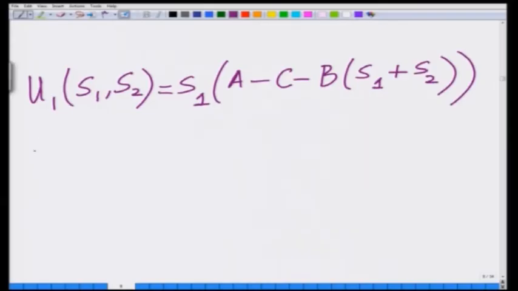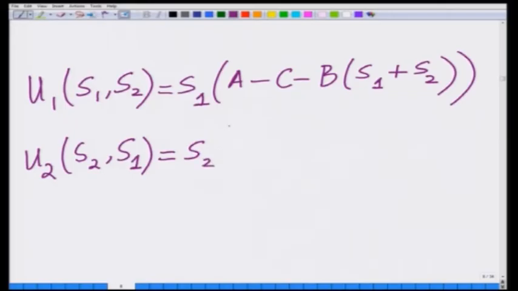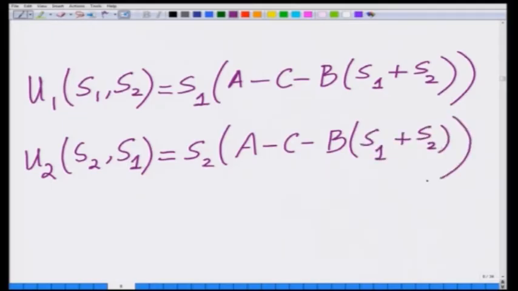And similarly, if you look at the payoff of firm 2, since this game is symmetric, this is S2 times A minus C minus B times S1 plus S2.